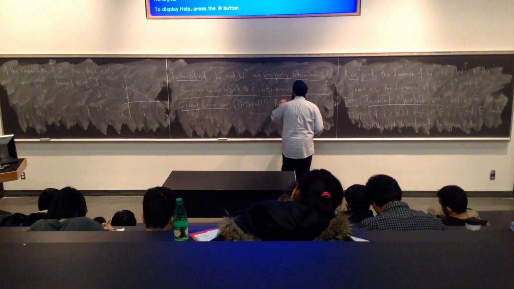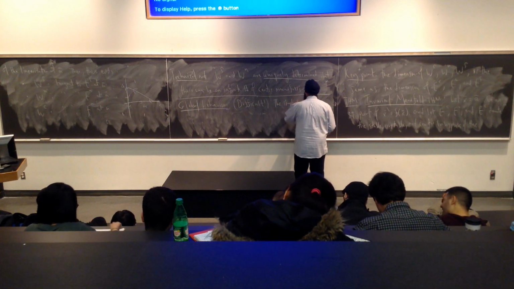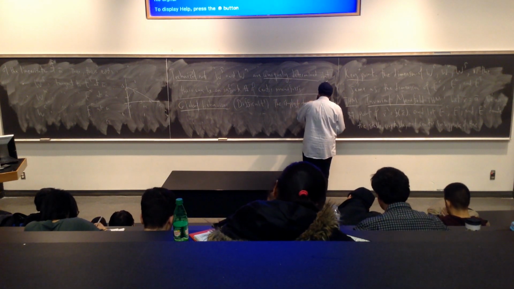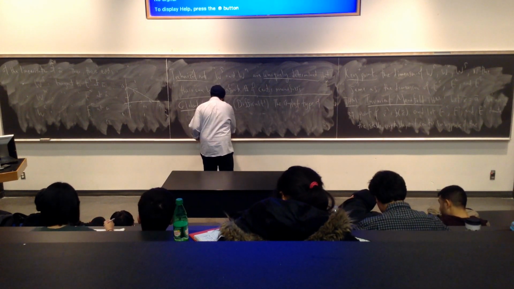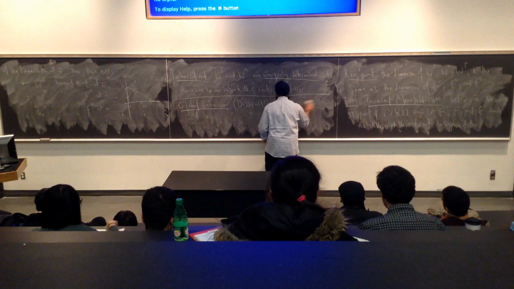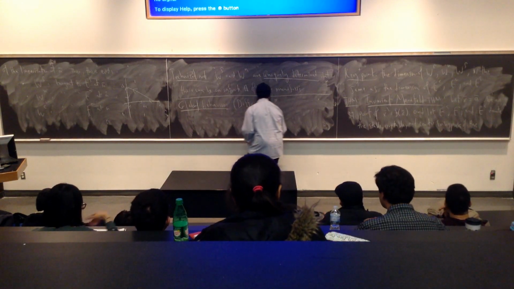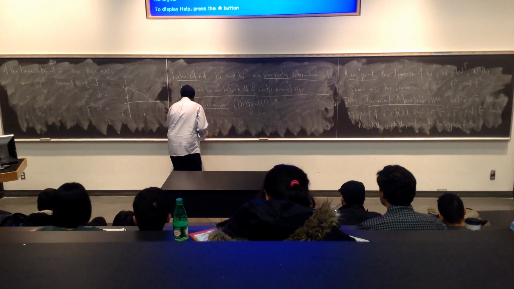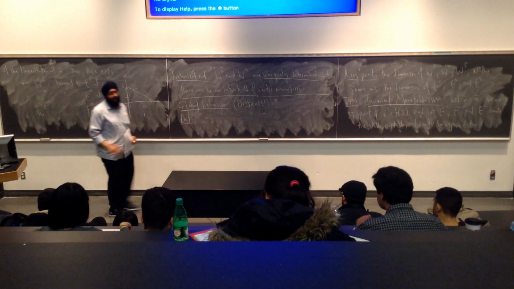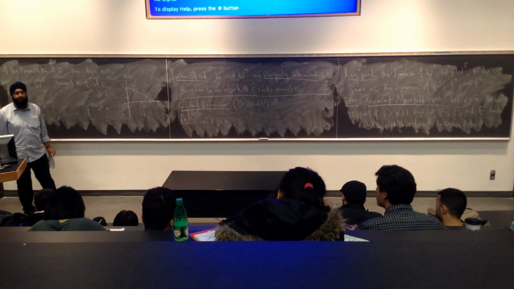So the simplest type of, actually no, I would be more precise. Let me start off with the definition. This may be something you've seen in your calculus courses before.